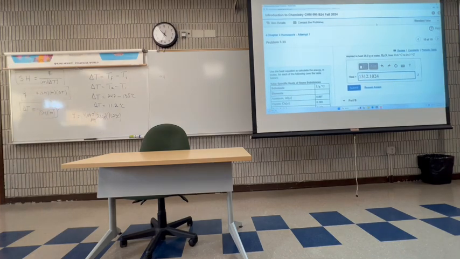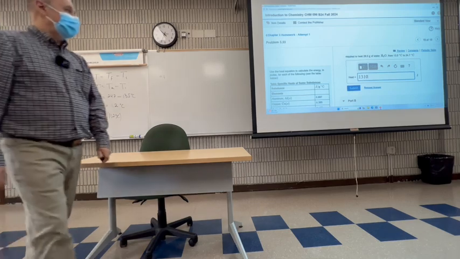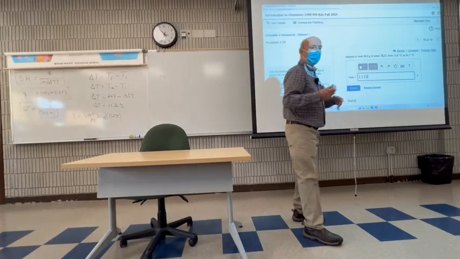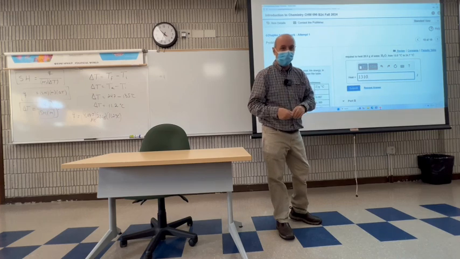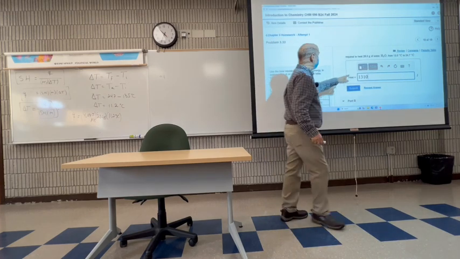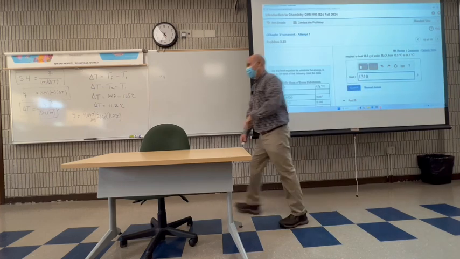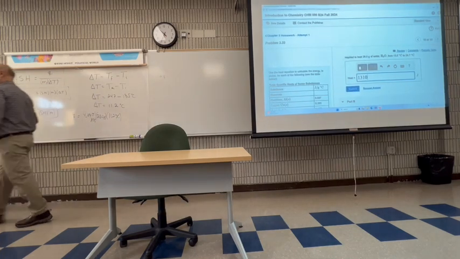Because they didn't specify how they want the answer, you submit that, it will say it's correct, and it will give you the correct answer. Even if you are good at significant digits, always go by the data that you are given. That's just the safest thing.